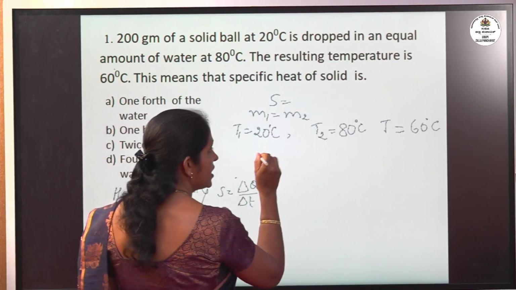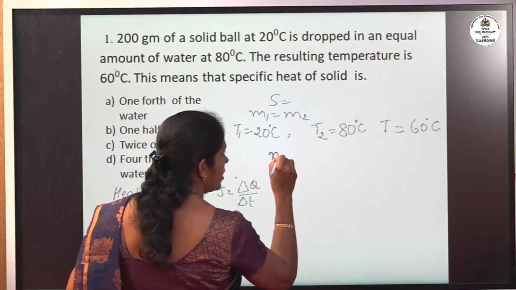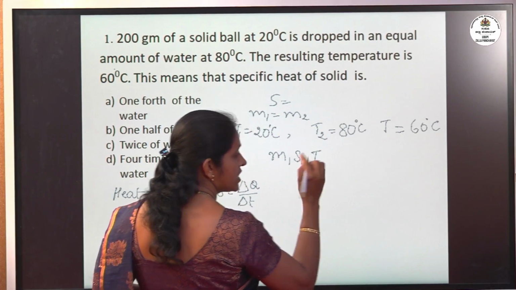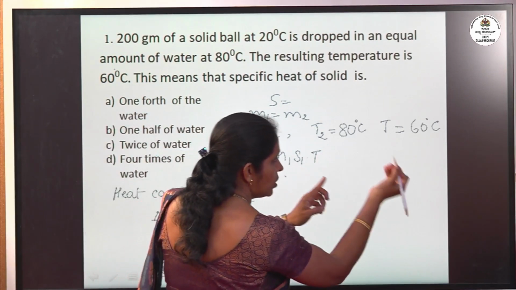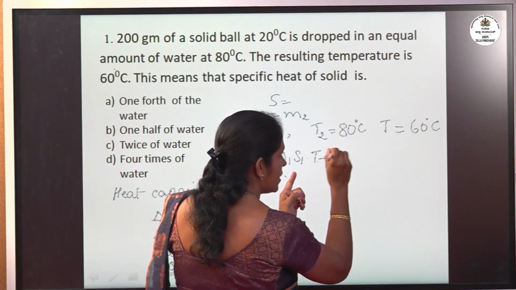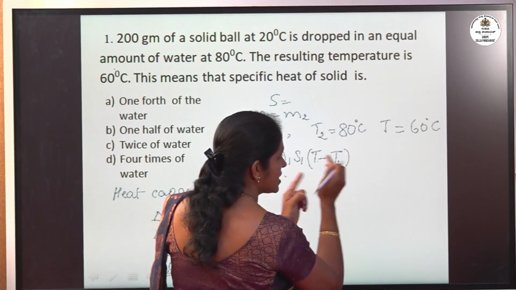That is heat lost by the hot body. Say M1S1 into temperature difference, heat absorbed is equal to heat lost. Cold body absorbs the heat energy, temperature is increased in the cold body.